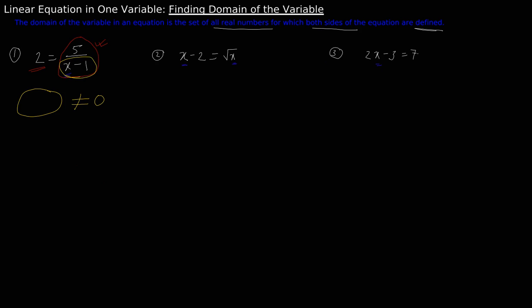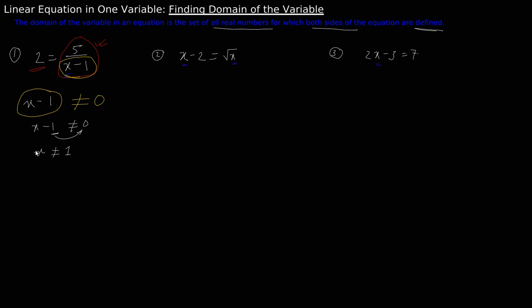What is inside this yellow box? It is going to be x minus 1. So x minus 1 cannot be equal to 0. If I bring that 1 into this side, I get x cannot be equal to 1.